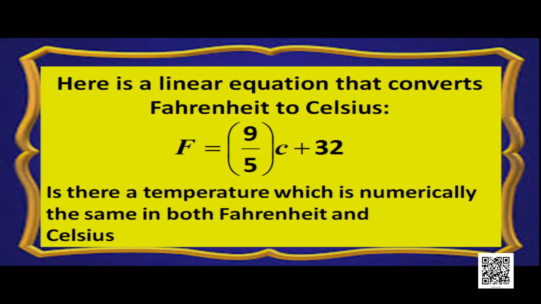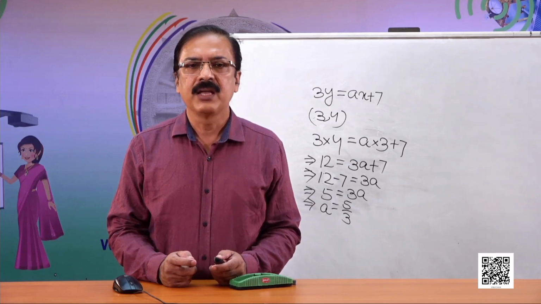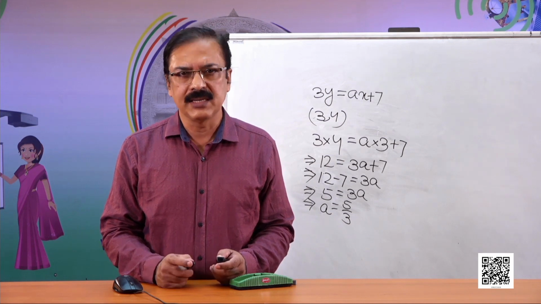These are the measures of temperature. After getting the graph, from that graph you have to find whether there is any temperature which is numerically the same in both Fahrenheit and Celsius.